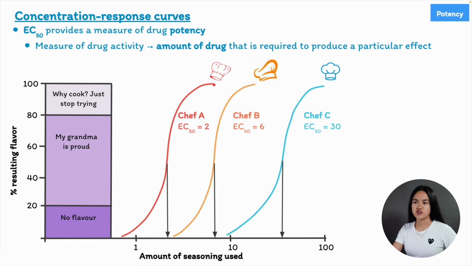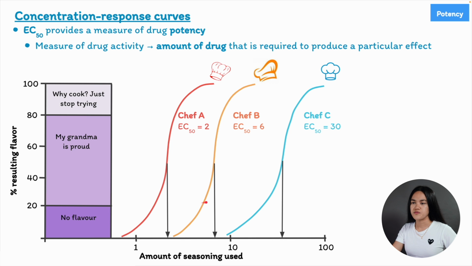So this indicates that Chef A's dish reaches its maximum flavor, or response, quickly within only a small amount of seasoning or concentration. The EC50 value representing the concentration where the dish achieves 50% of its maximum flavor is at a very low point on the x-axis. Okay?